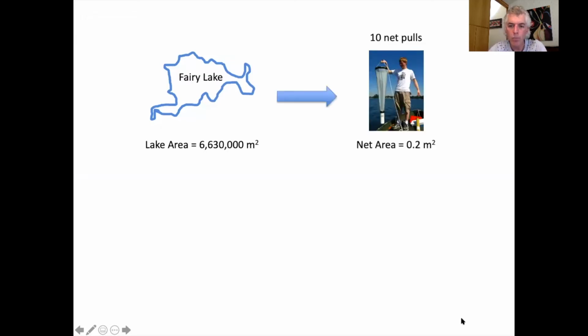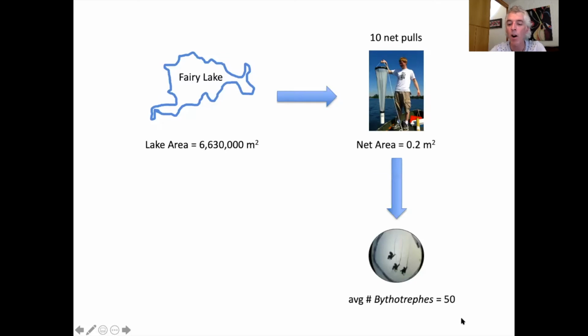So let's say we go out with a net that's about 0.2 meters squared in size. We go out in a boat to 10 different places on the lake, and in each of those places, we drop the net down toward the bottom, pull it back up again, and count how many Bythotrephes are in the net. So let's say we do this 10 times, and on average, there's about 50 Bythotrephes in each of those net pulls.